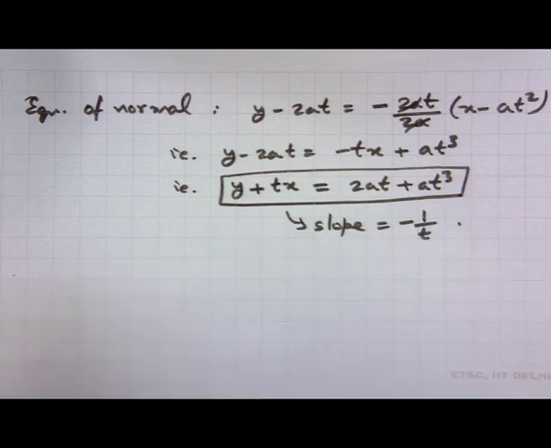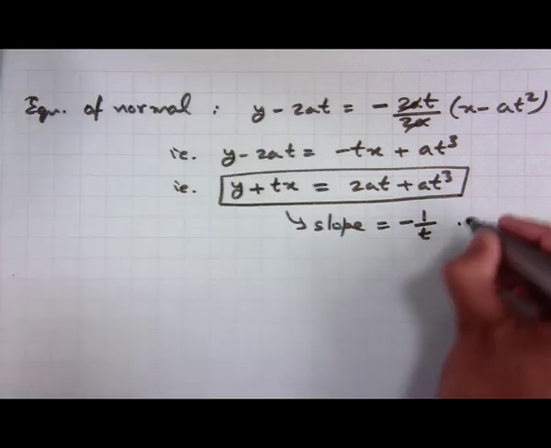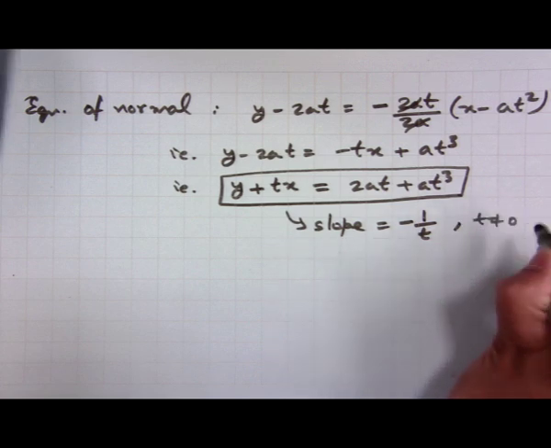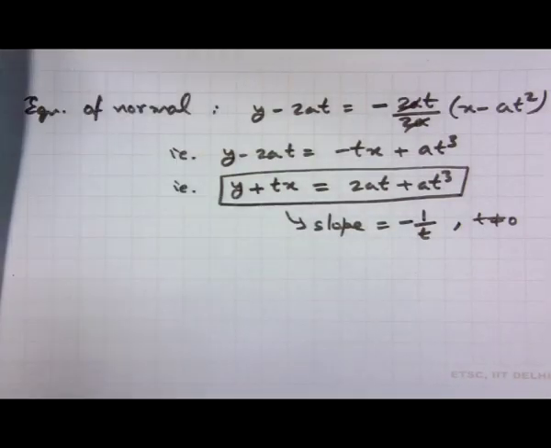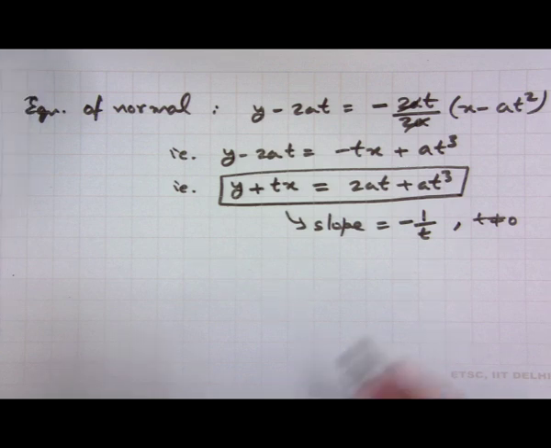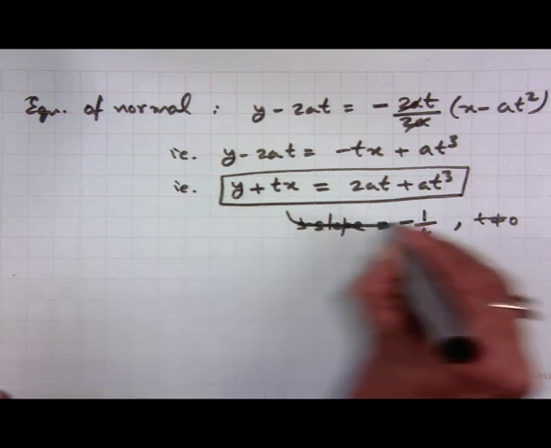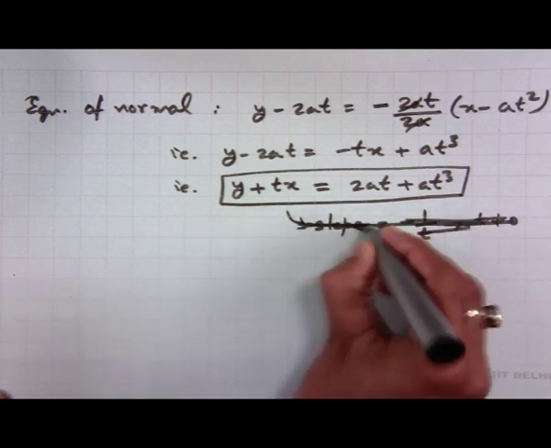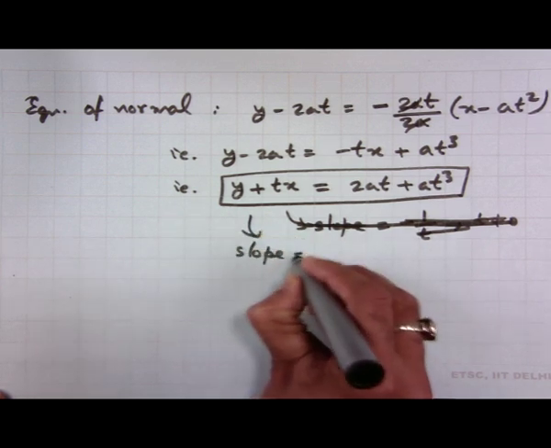So, in terms of this t, if t is not equal to 0, then we get slope of the tangent line is 1 by t, sorry, and slope of the normal line is minus t. This has slope minus t.